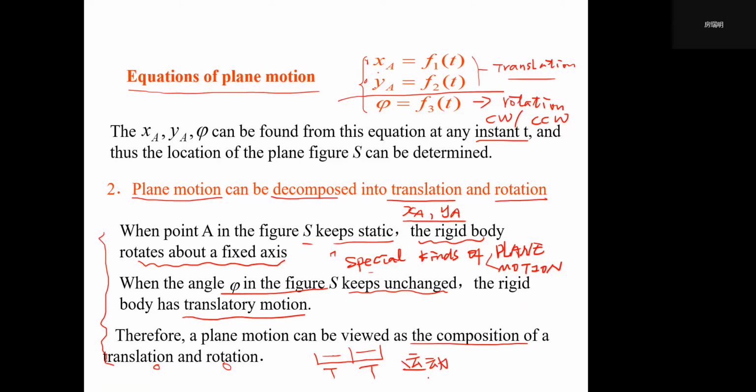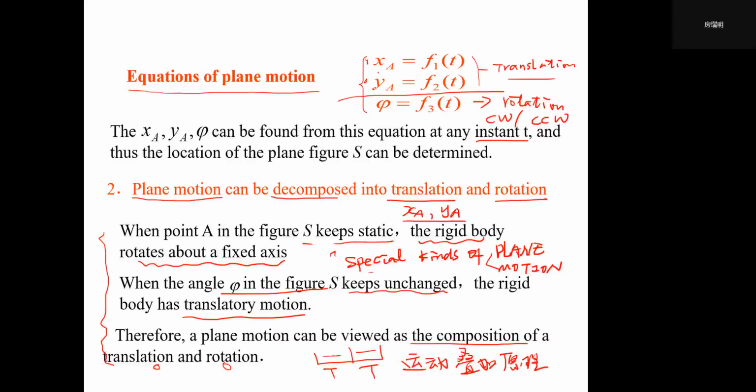That's how we can divide a complex movement into two simple ones for analysis. Then it can totally simplify our analysis difficulty. 运动叠加原理. 叠加 in Chinese may be superposition, the principle of superposition.